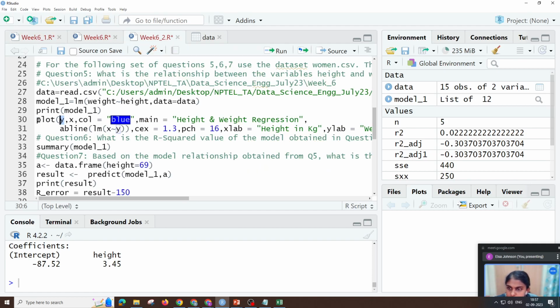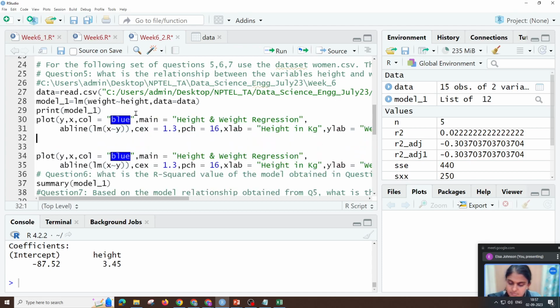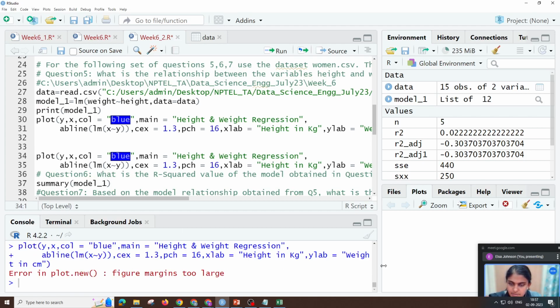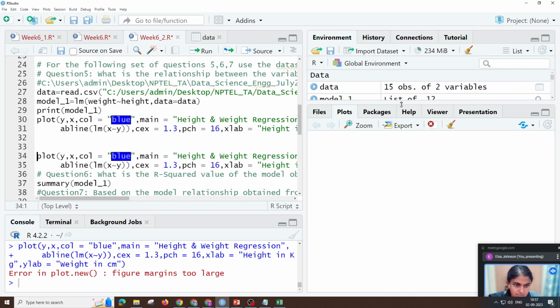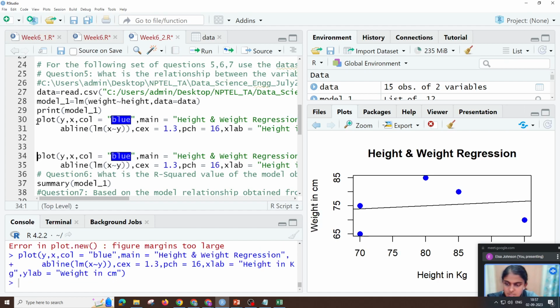I'll just do it from here itself. So here I will just give like this. Right now it's in this form. If you give it that way and plot it once again, you can see the height and weight regression.